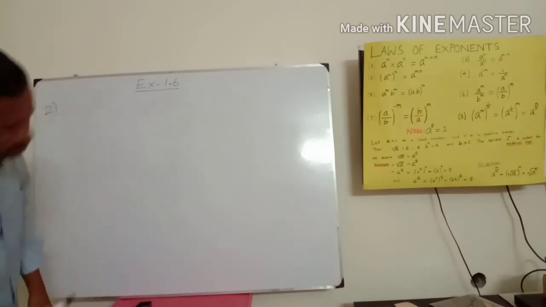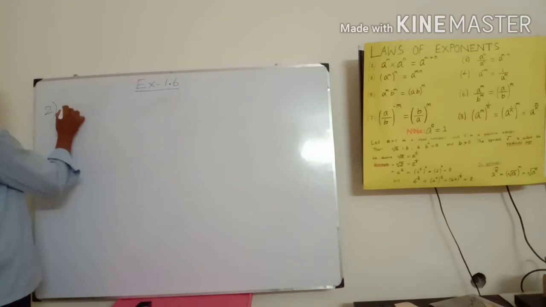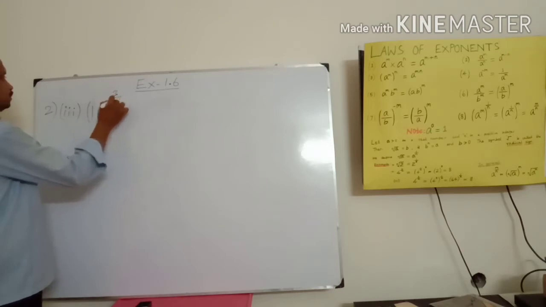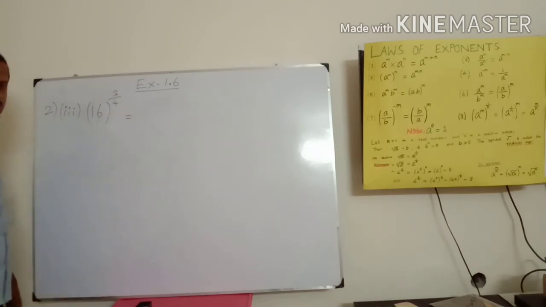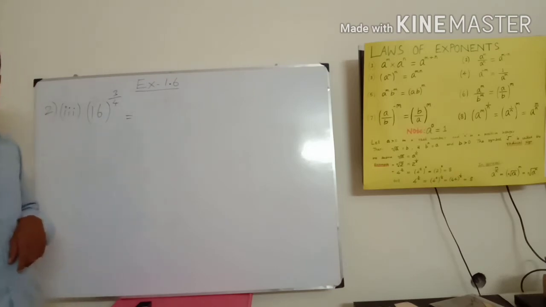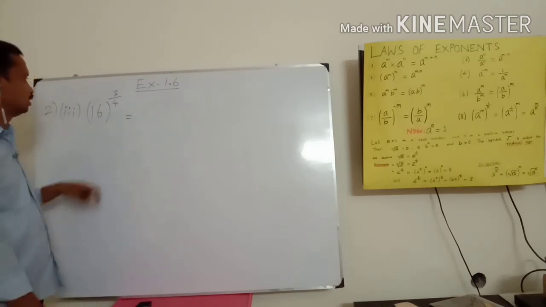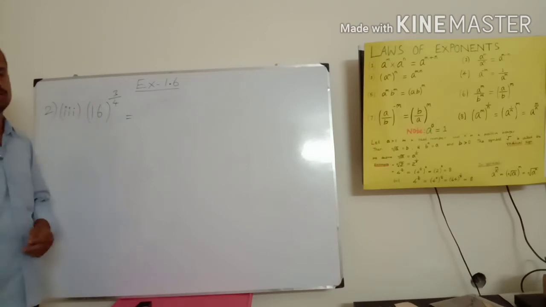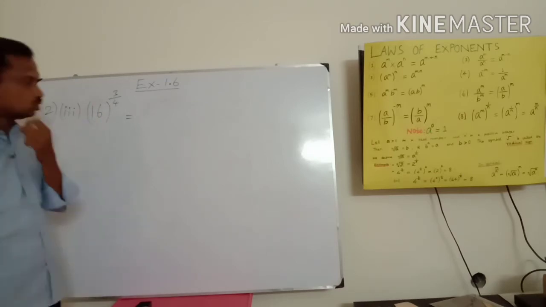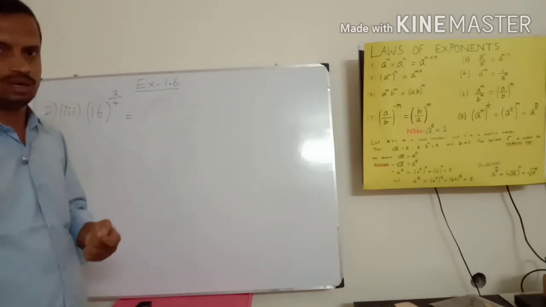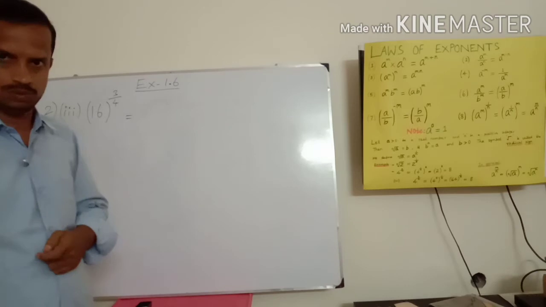16 power 3 by 4. So the base is 16. What is the exponent? 3 by 4. You observe the denominator of the exponent. What is that? 4. So you try to make 16 a number with power 4.